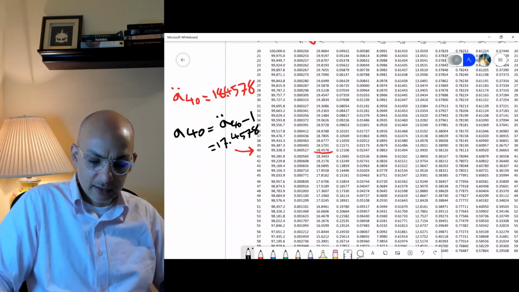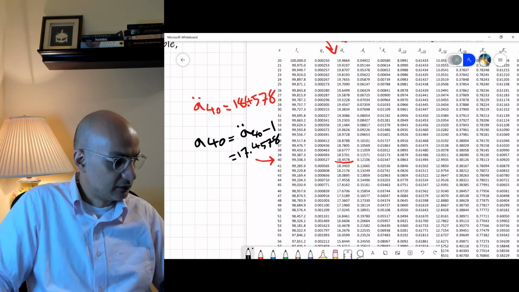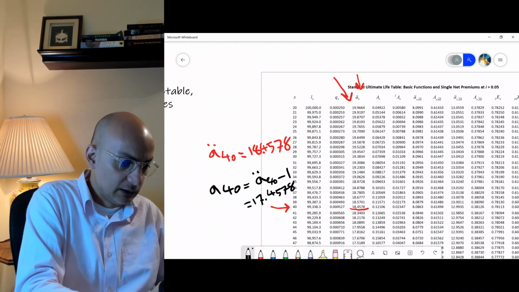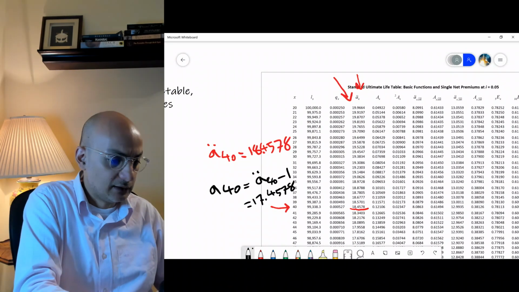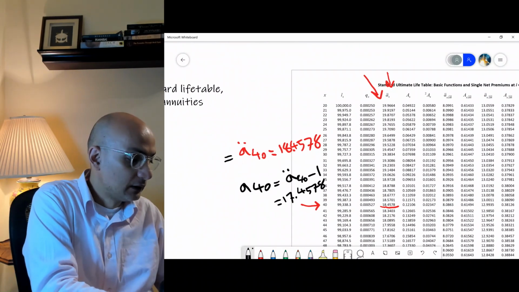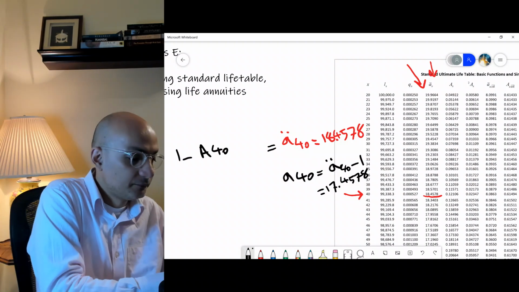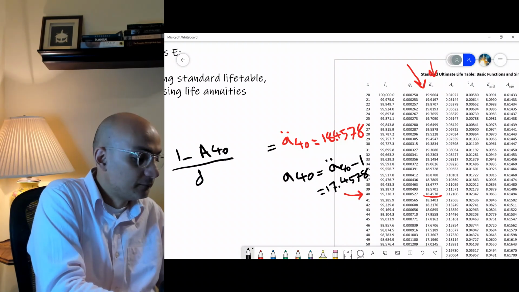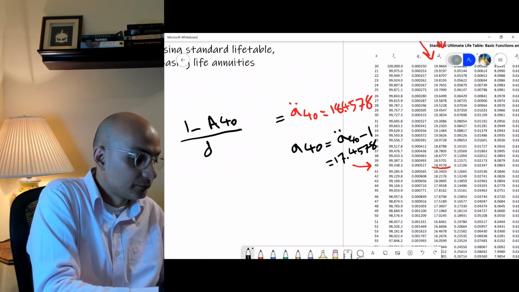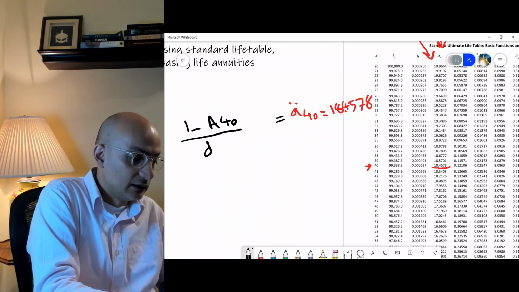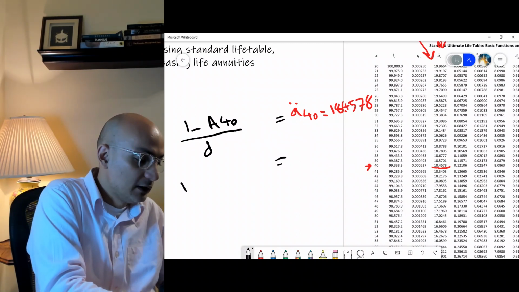So you can play with it as much as you want, but it can get a little bit more complicated. Before we get into more complicated cases, let's verify this one. Remember, ä40 can be written as 1 minus A40 divided by d. Let's verify it. It's 1 minus A40.